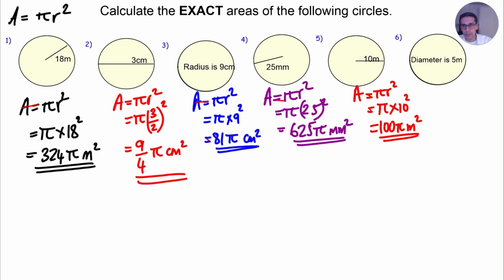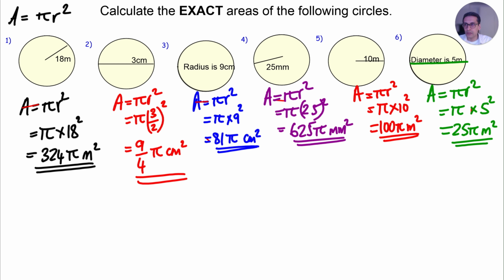The last question, the diameter is 5. It's not labelled, but you can see that's going to be the distance from one end to the other through the centre. So same method, area is pi r squared, which is pi times 5 squared, which is 25 pi meters squared.